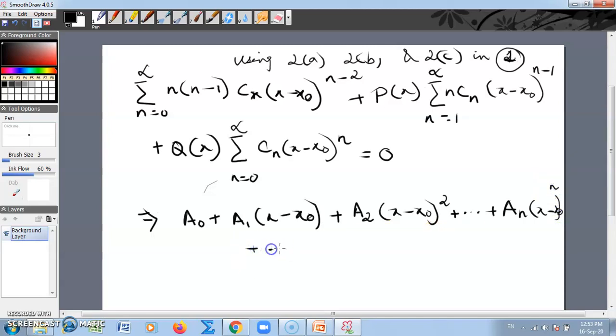It's going to be infinite because all of them are infinite series, and it is equal to 0.